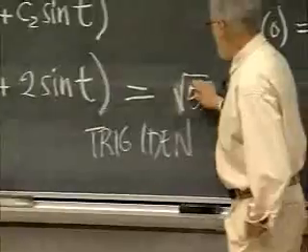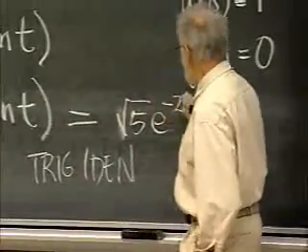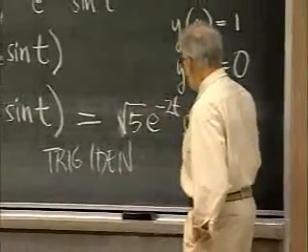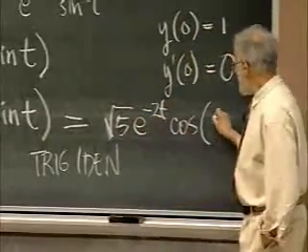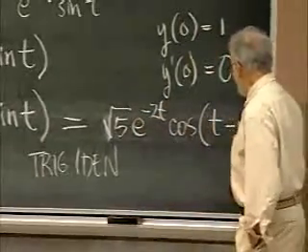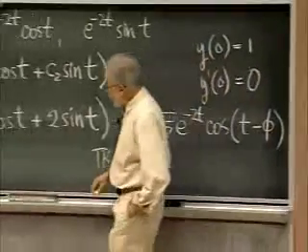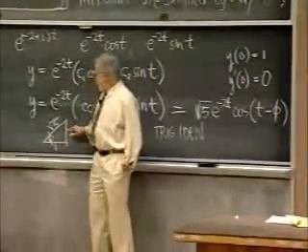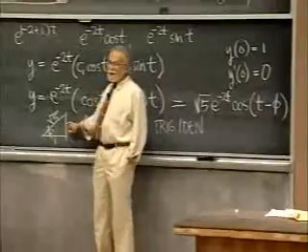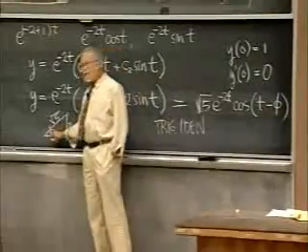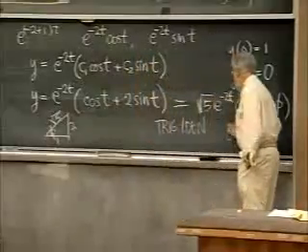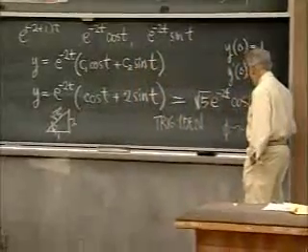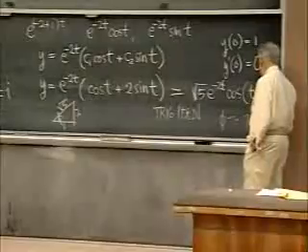So it's square root of 5 times e to the negative 2t, and the stuff inside is the cosine of t minus phi, since the circular frequency is 1, where phi is this angle. How big is that? 1 and 2. Well, if this were the square root of 3, which is a little less than 2, it would be 60 degrees, so this must be 70 degrees. So phi is 70 degrees, plus or minus 5, let's say.